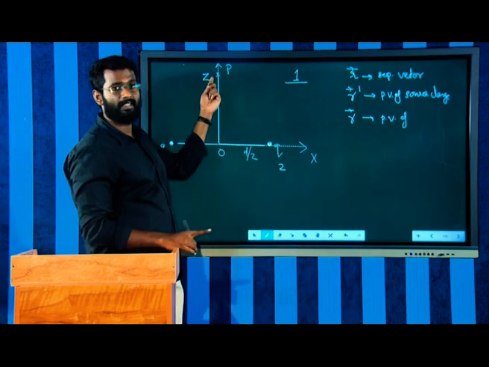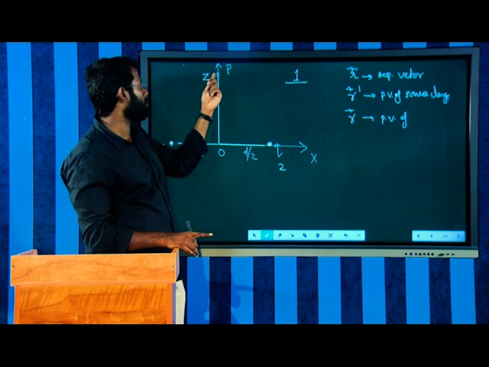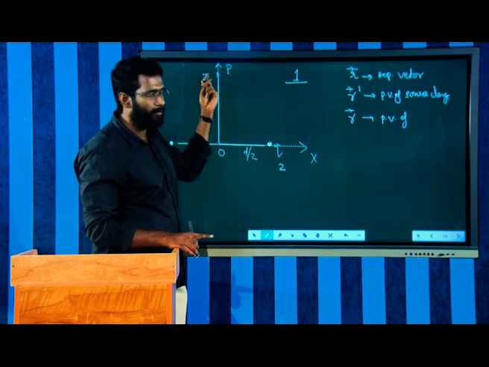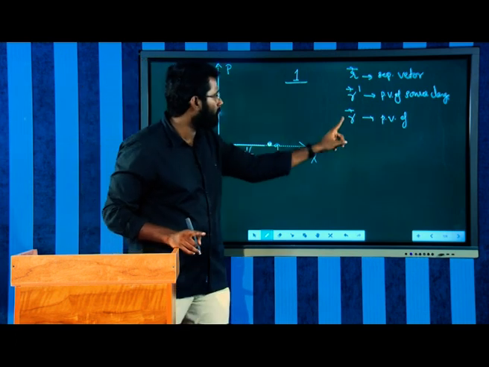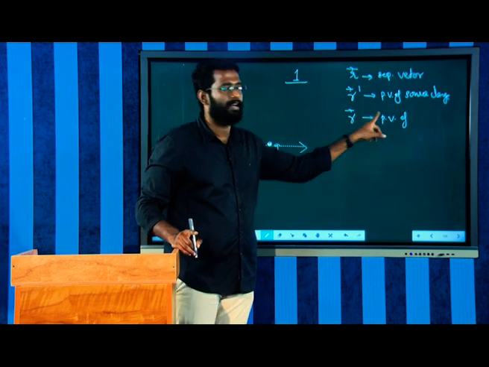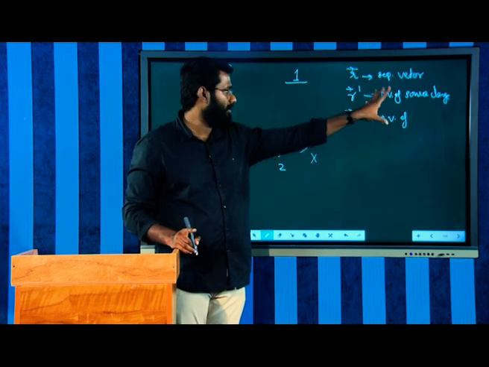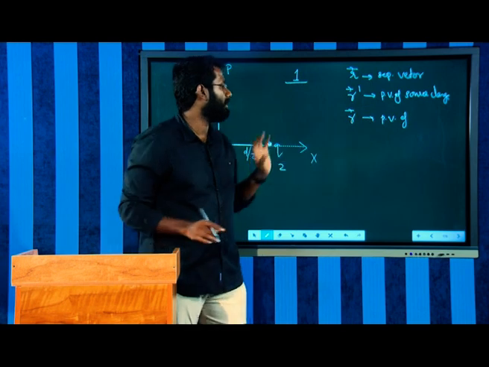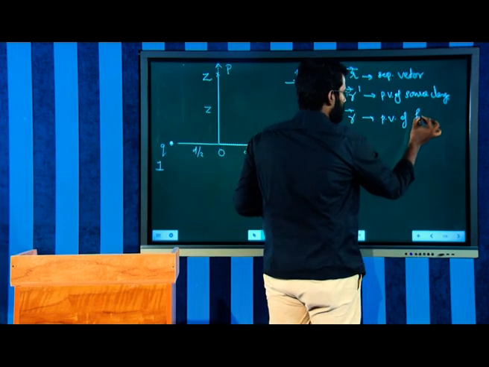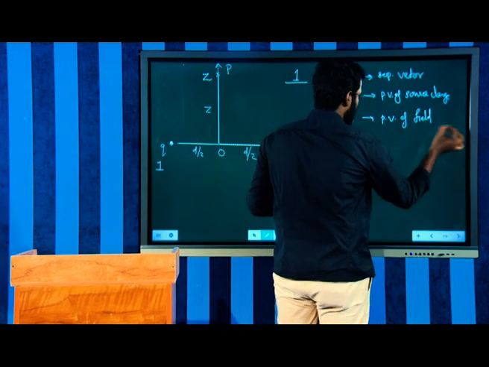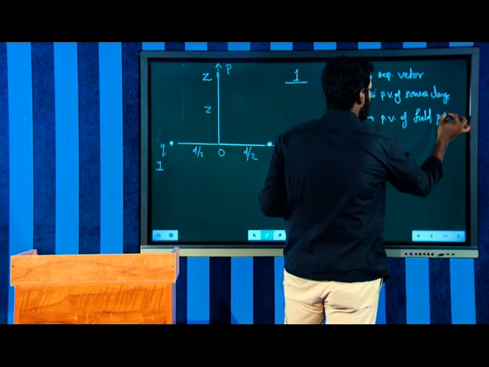Now we do not have any test charge here because we are not calculating the force, but we call this point a field point. So from here onwards we call this r the position vector of the field point, the point where we want to calculate the field.